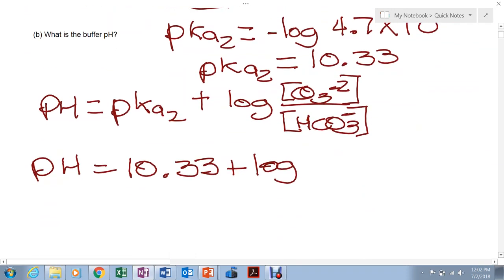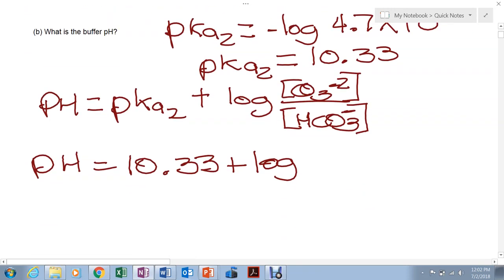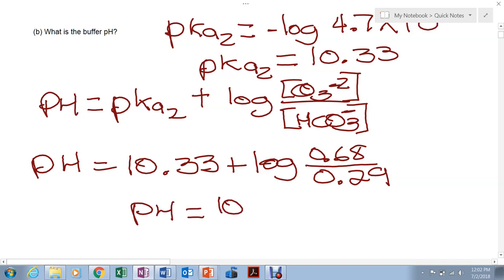Remember, you're going to have different numbers, but you can do it here. So it's going to be 0.68 molar divided by 0.29. So if you solve all this, the pH is giving you, let me add them, 10.33.